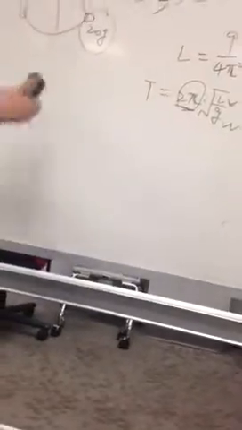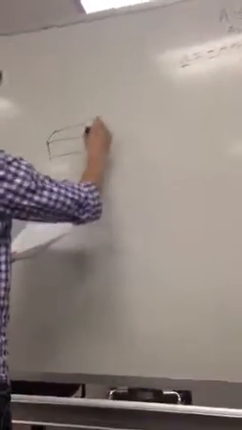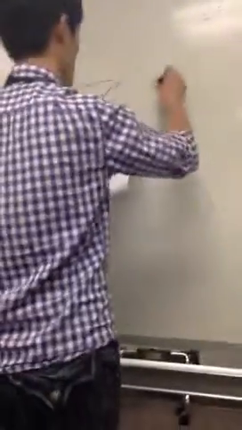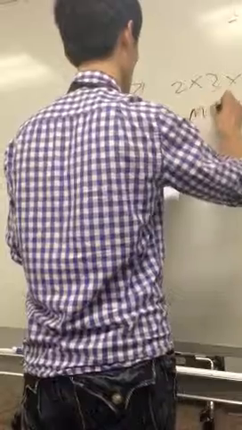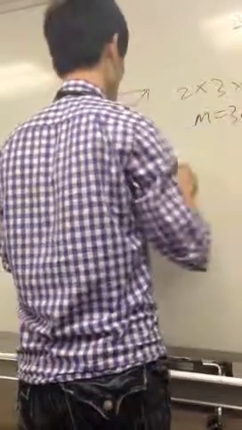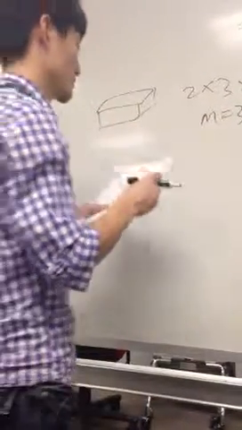Okay, so the first question is a plastic block of dimension 2 by 3 by 4 centimeter, has a mass of 30 grams. What is its density?